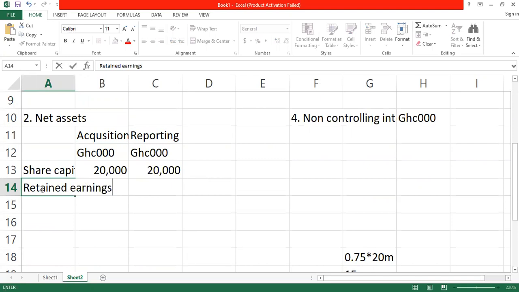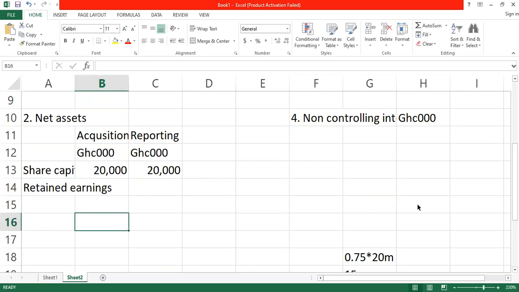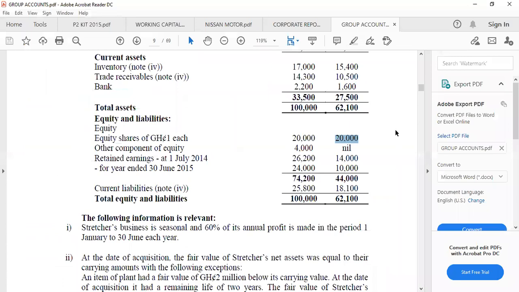Retained earnings. Okay, so let's read the question now to know the retained earnings for the subsidiary. What was the retained earnings for the subsidiary at the beginning of the financial year, which is July 2014? That is the start of the financial year.